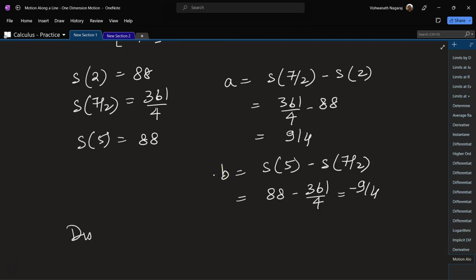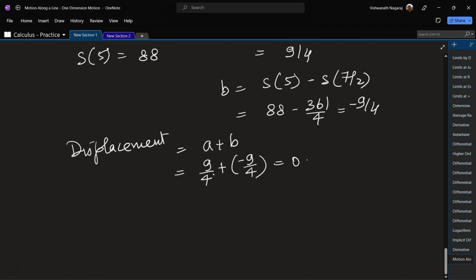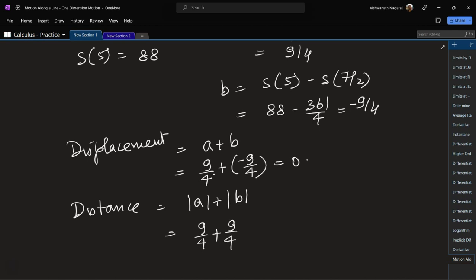So therefore, displacement is going to be A plus B, which is 9 by 4 plus minus 9 by 4, which gives us 0. So again, the displacement is 0. Now, what about the distance? Absolute value of A plus absolute value of B, which gives us 9 by 4 plus absolute value of minus 9 by 4 is going to be 9 by 4, which gives us 18 by 4, which gives us 9 by 2 units, whatever it is.